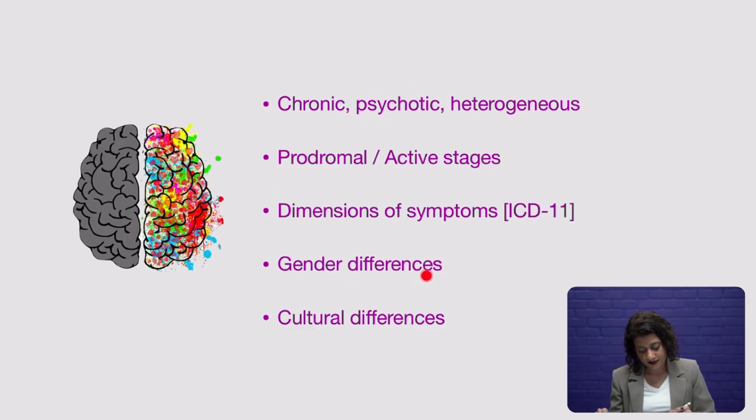There are gender differences in the onset of schizophrenia, the age of onset, but there aren't any as such in the rate of prevalence. And cultural differences should be accounted for because, for example, hallucinations are diagnosed as pathology, which is where you see that there's a presence of a disease.